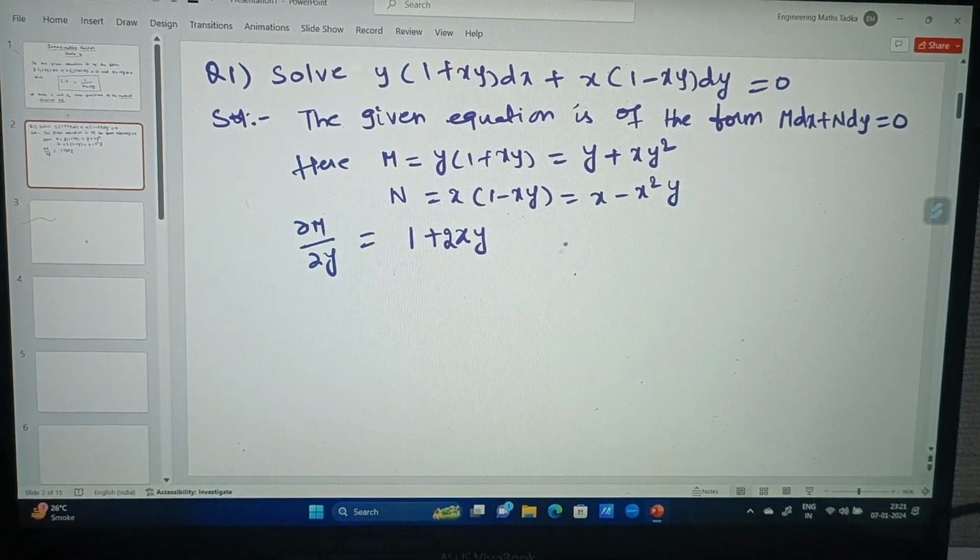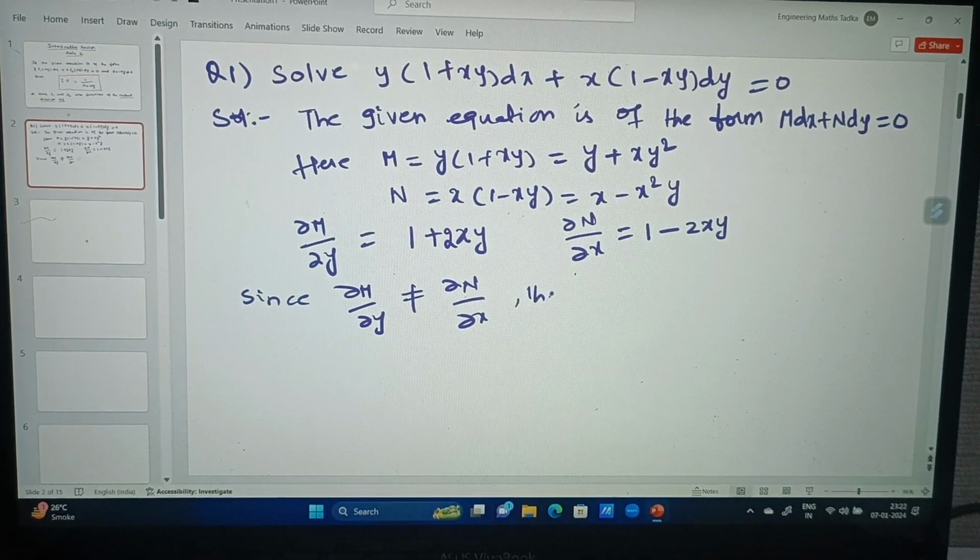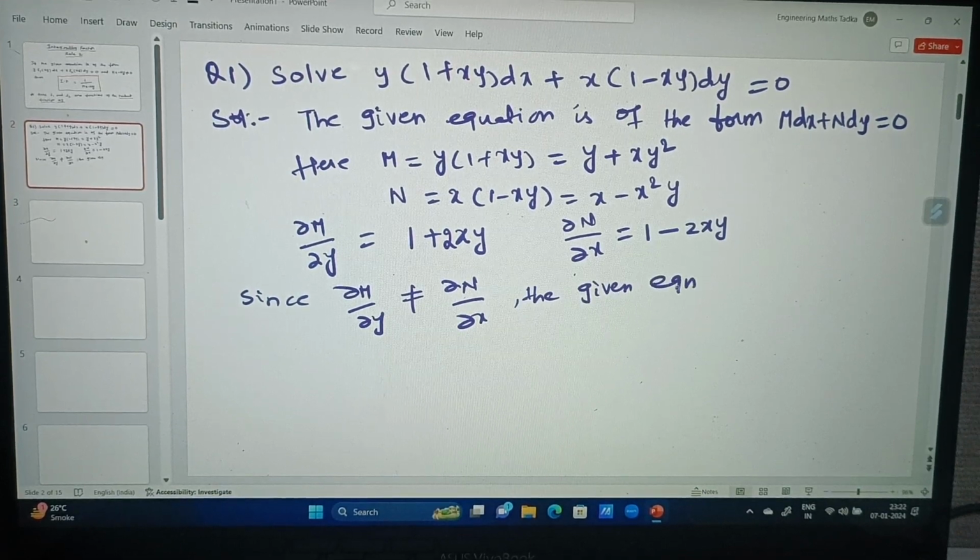In a similar way, how do we find out the value of dou N by dou x? x derivative is 1, minus x square derivative is 2x, and y you need to write as it is since it is a constant. Okay? What is your observation? Since dou M by dou y is not equal to dou N by dou x, the given equation is not exact, isn't it?